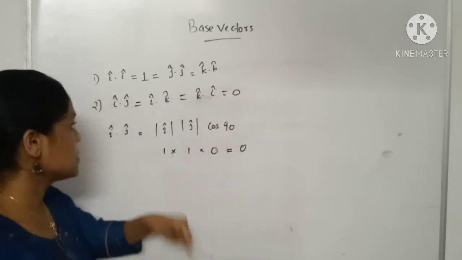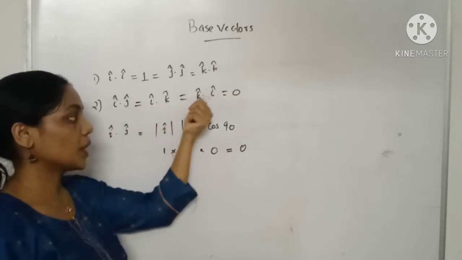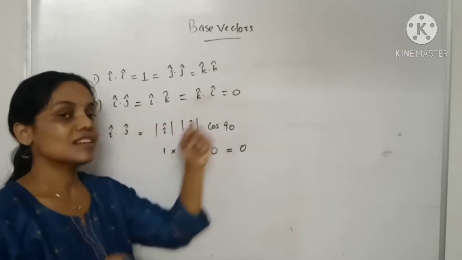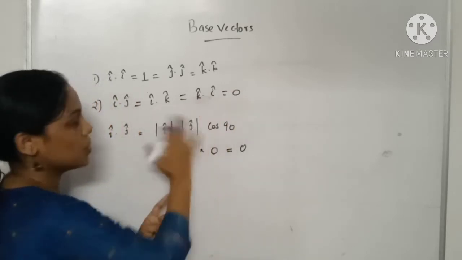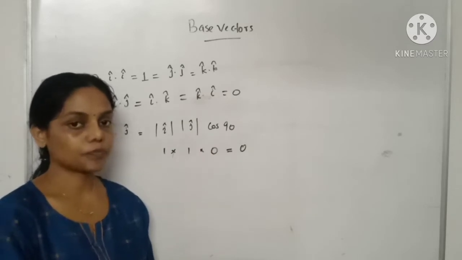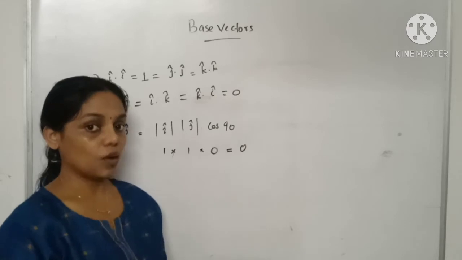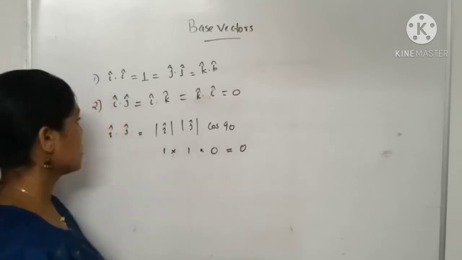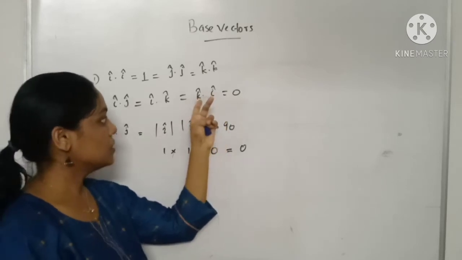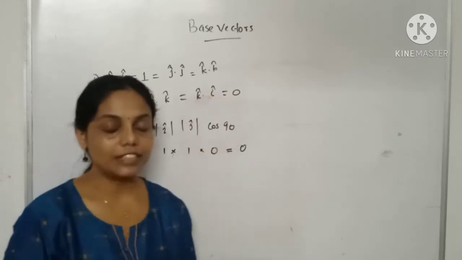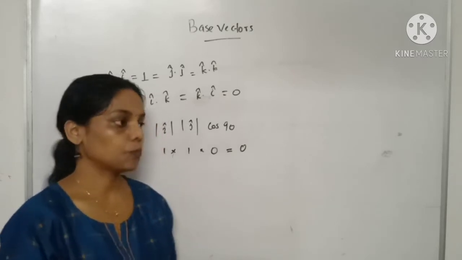So you can write i dot j is equal to i dot k is equal to k dot i is equal to 0, since the angle between any two of these unit vectors is 90 degrees. So we will get the dot product between two different orthogonal vectors equal to 0.